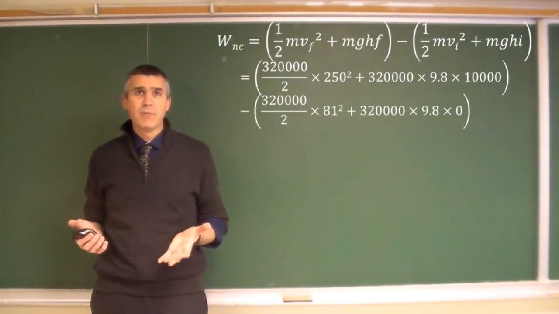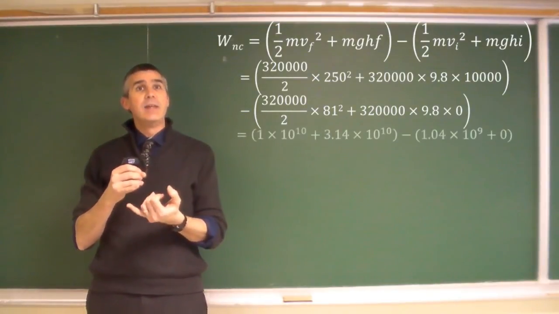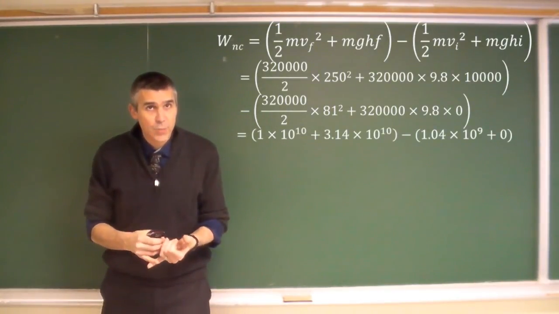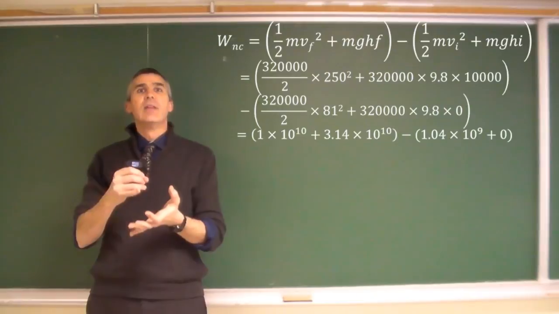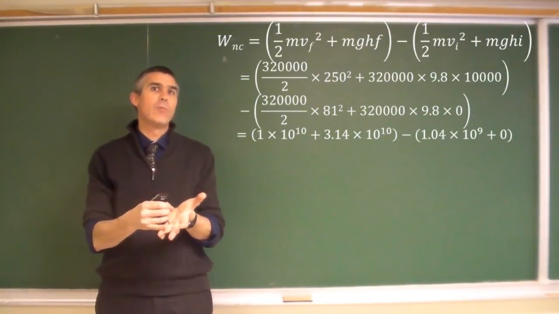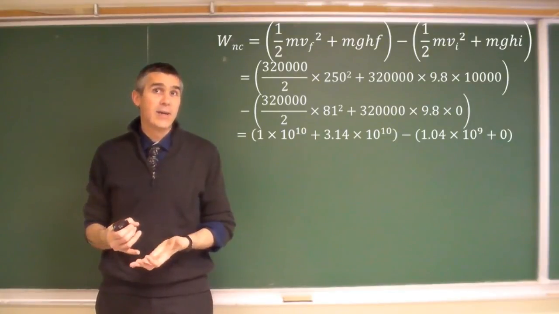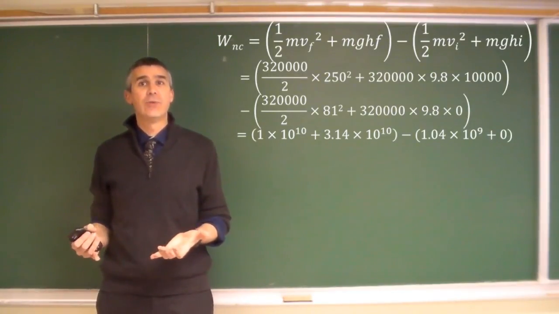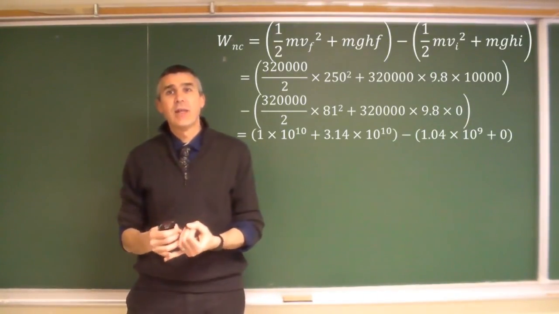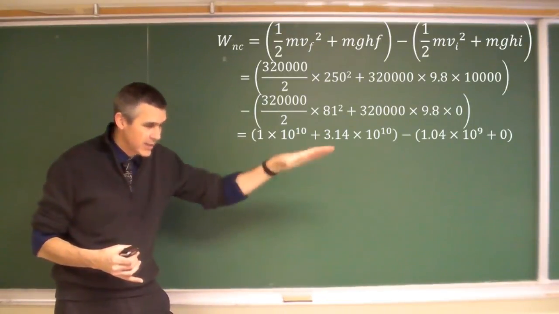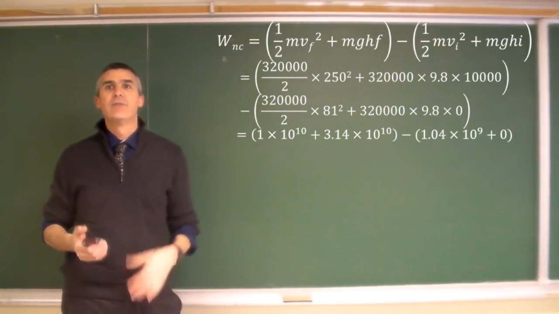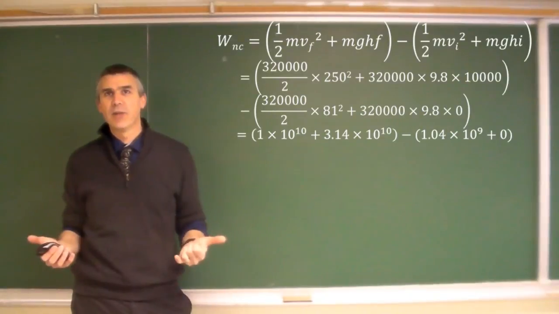Then as we simplify, we see that the final kinetic energy is 1 times 10 to the 10 joules. The final potential energy is 3.14 times 10 to the 10 joules. The initial kinetic energy is 1.04 times 10 to the 9 joules, and the initial potential energy is 0 because it's at ground level. It can't fall any lower, so it's got no initial potential energy.